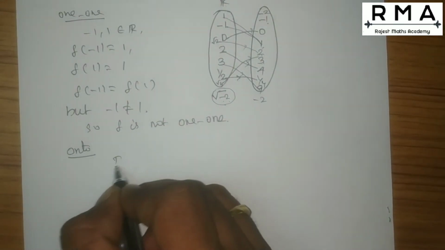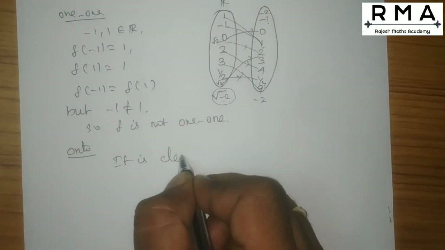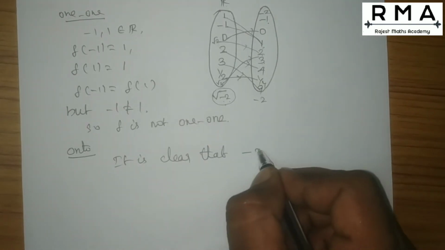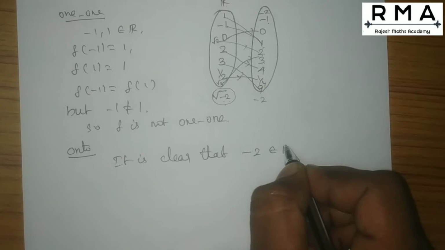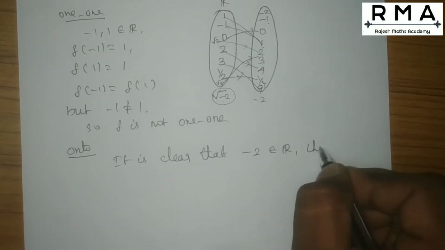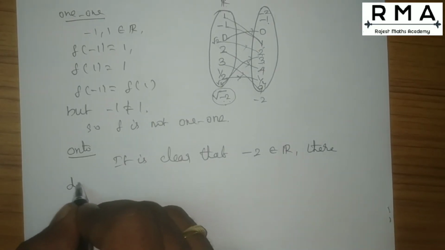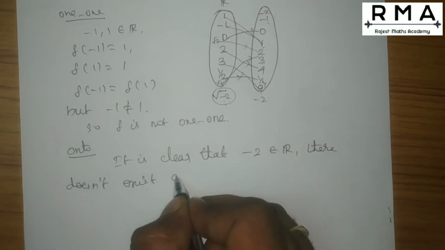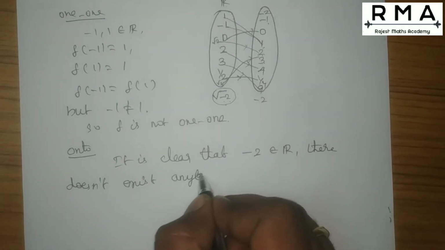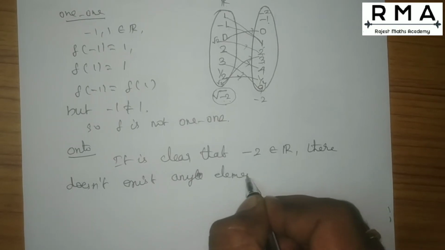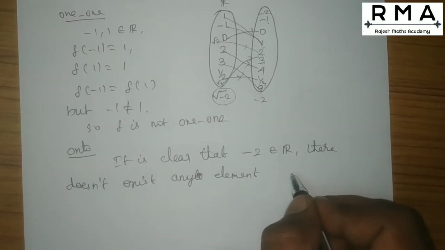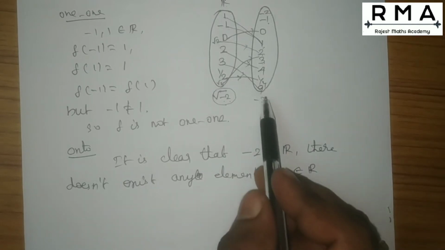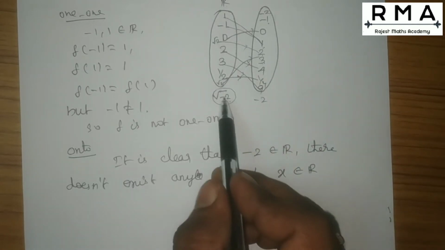Onto. It is clear that -2 belongs to the real number set. There does not exist any element x in the real number set. This real number set is the second set, this real number set is the first set.